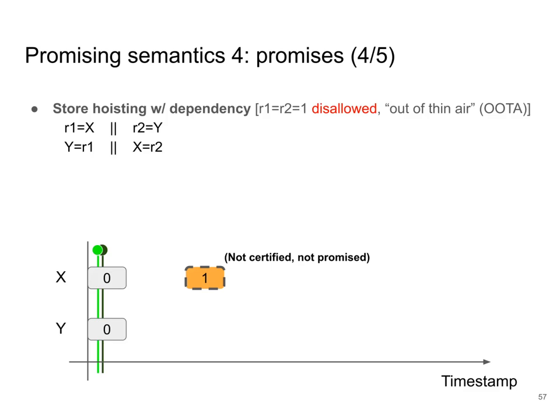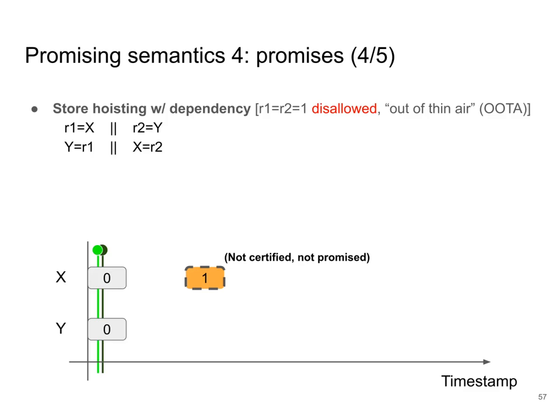The reason is that the second thread cannot execute it alone and write x equals 1, because the only value it can reliably read is y equals 0, and then x equals 1 cannot be executed because the only value it can write is x equals 0.